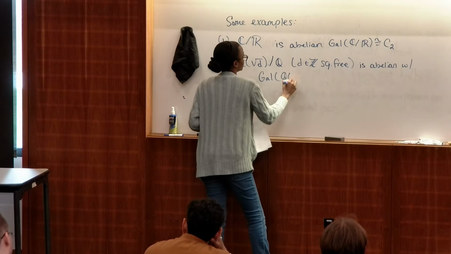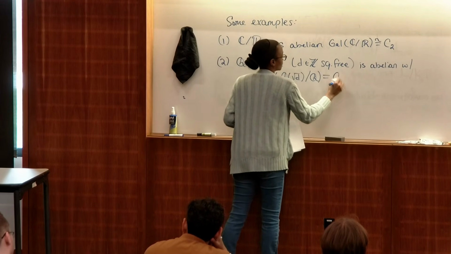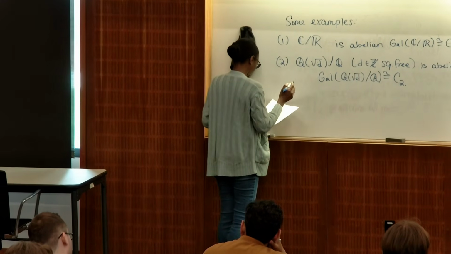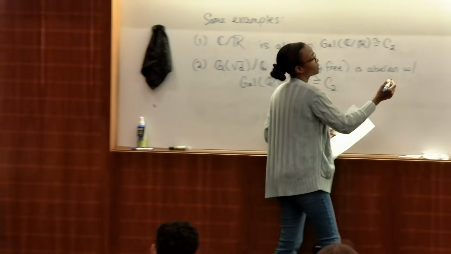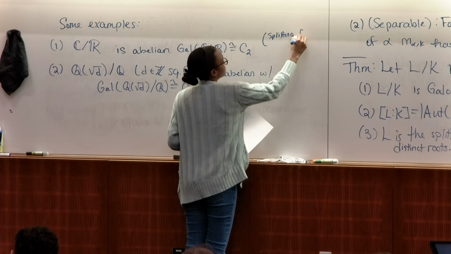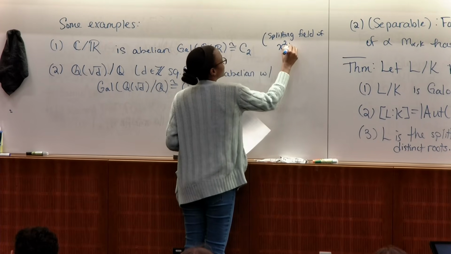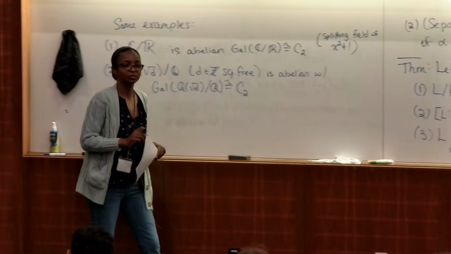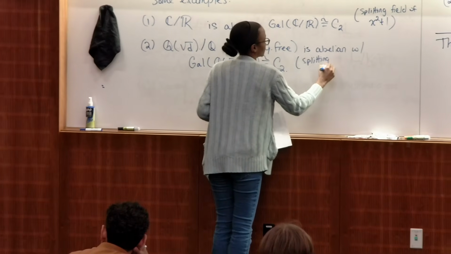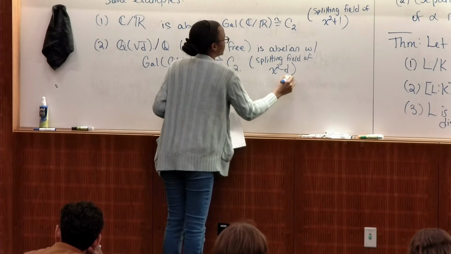And its Galois group is, again, I don't have very many choices for what it can be. And let me say, since I'm talking about the fact that these are Galois, I should be a little bit honest and say, what is it a splitting field of? This is a splitting field of, amongst other things, x squared plus 1. This is a splitting field of x squared minus d.